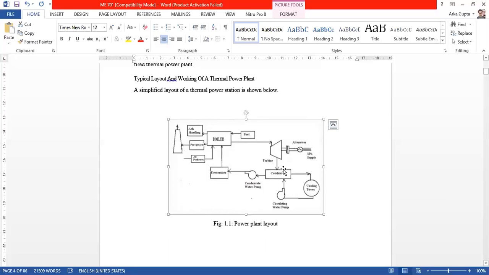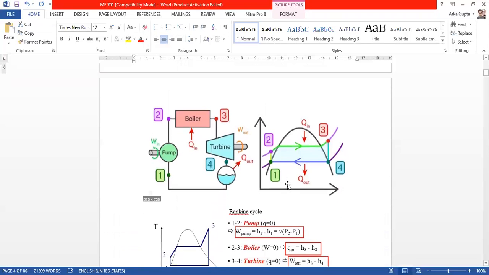We know that the cooling tower is a part of the condenser. There are accessories actually, but the main parts are four: boiler, turbine, condenser, and pump.